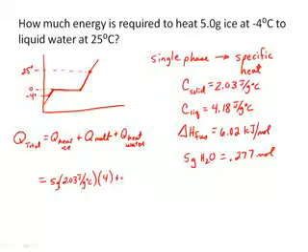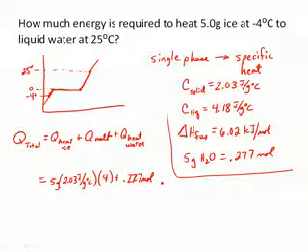So to melt, it is the number of moles, 0.277 moles, times the enthalpy of fusion, 6.02 kilojoules per mole.